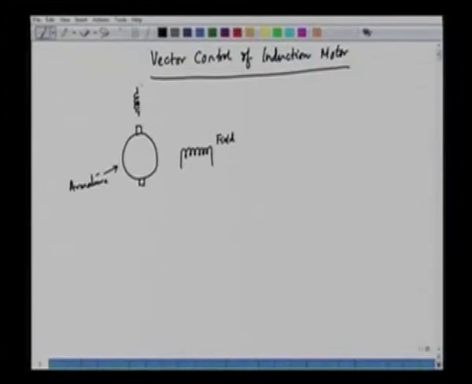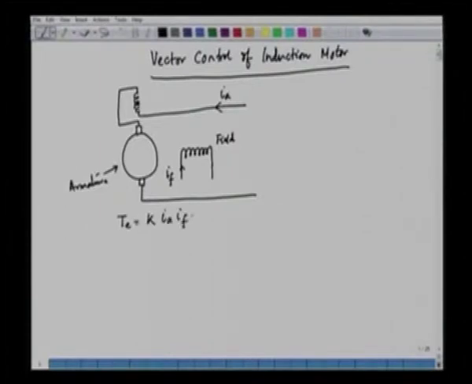So, we can also have a compensating winding here. And how do we connect it? We connect it in the following fashion. We have the armature current, which we can call IA, and we have the field current, which we can call IF, and we know that the torque is equal to K into IA into IF, ignoring magnetic saturation. So, the objective of vector control is to control an induction motor just like a DC motor.